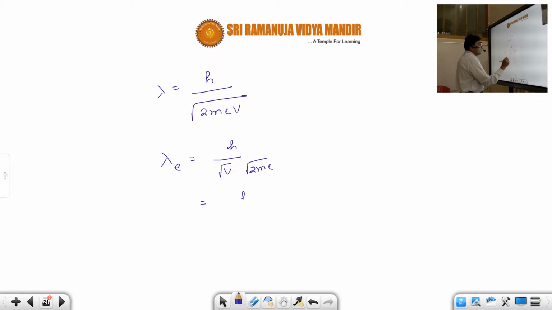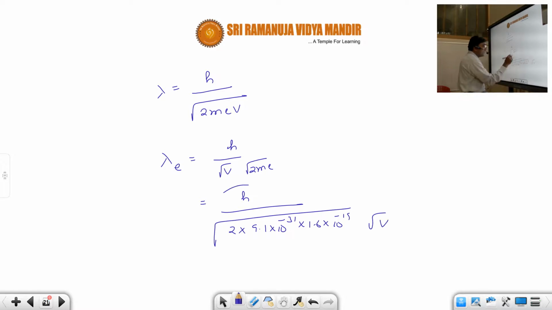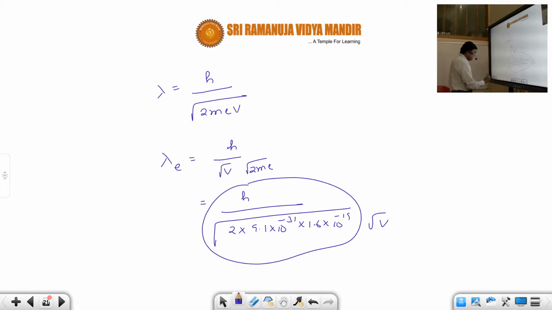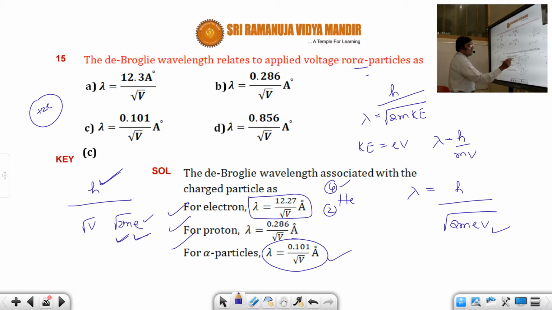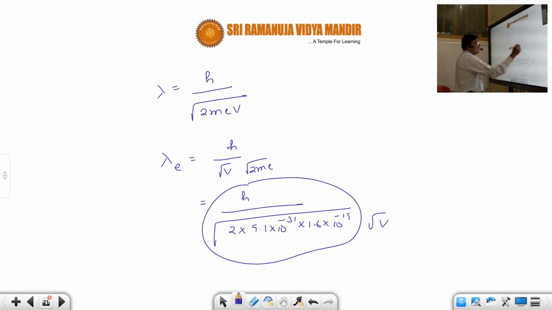So here h by 2 into, what is the mass of electron? 9.1 into 10 power minus 31 into 1.6 into 10 power minus 19. This you calculate into root V. So if you calculate this value, how much is coming? It is coming to be 12.27 angstroms. So it comes out to be 12.27 by root V angstroms. I hope you understood.